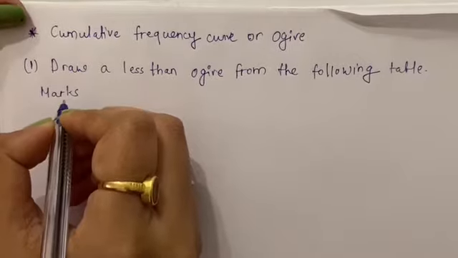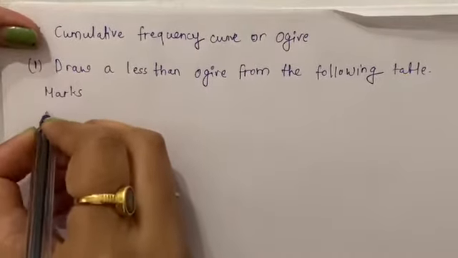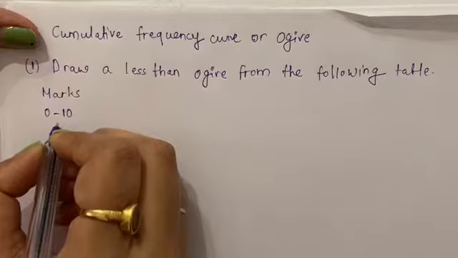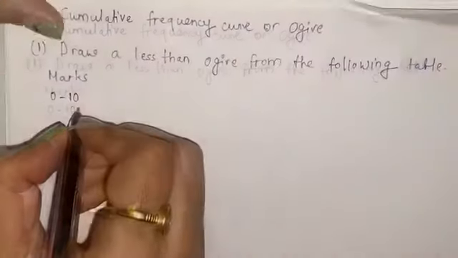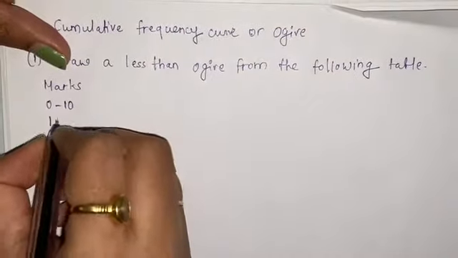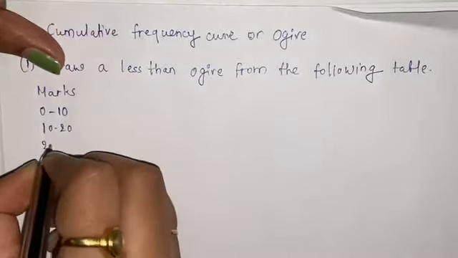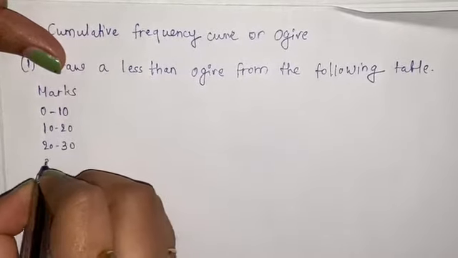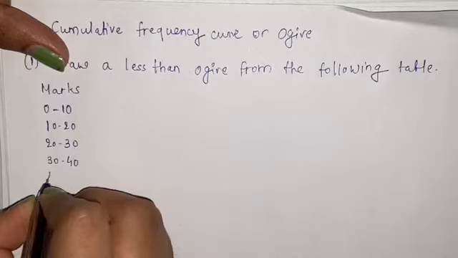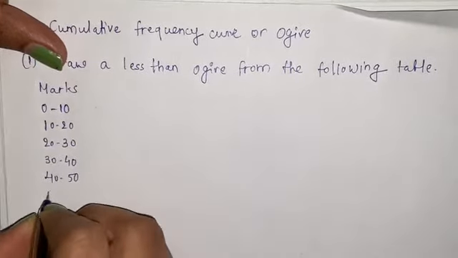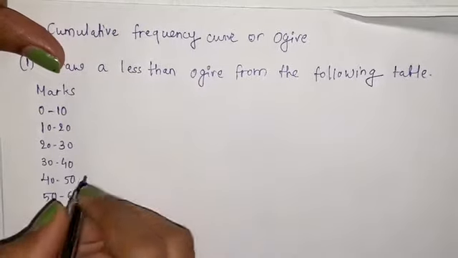So over here it is given marks 0 to 10. Next is 10 to 20, 20 to 30, 30 to 40, 40 to 50 and 50 to 60.